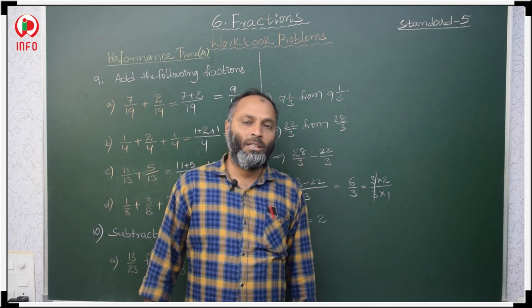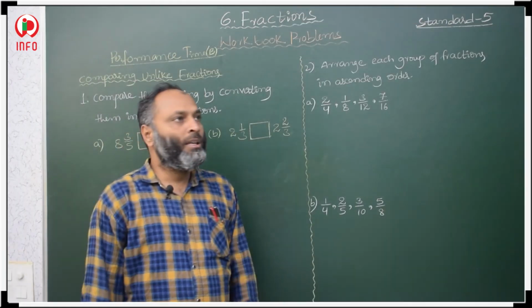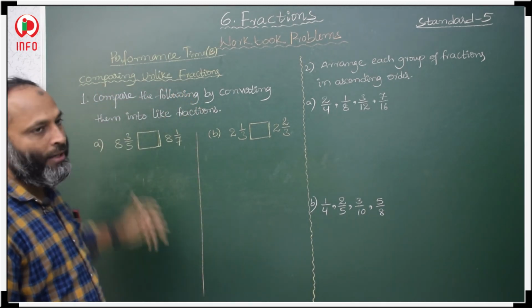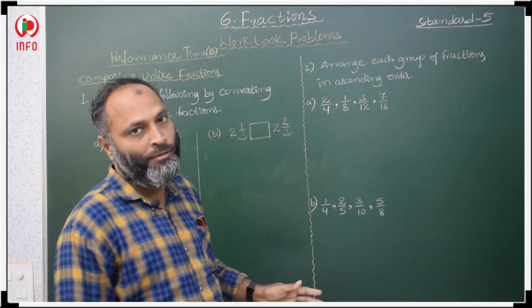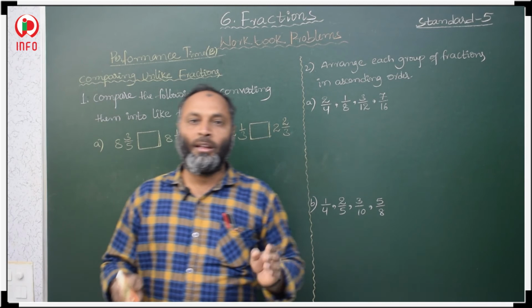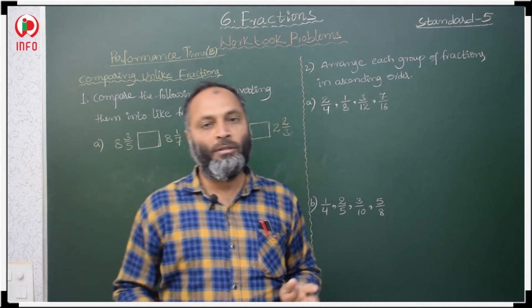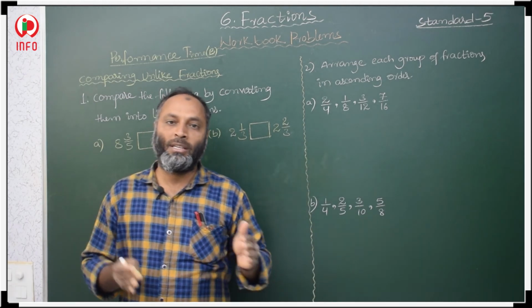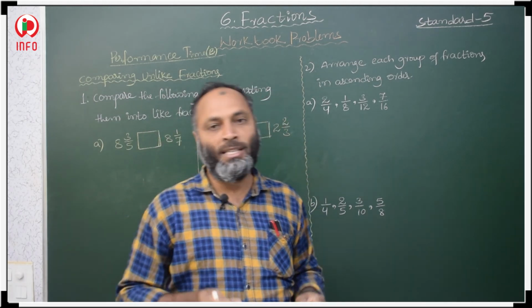Okay students, now see, in performance time B we are comparing unlike fractions. Till now we did like fractions: how to compare like fractions, how to add them, how to subtract them, and how to arrange them in ascending and descending order.